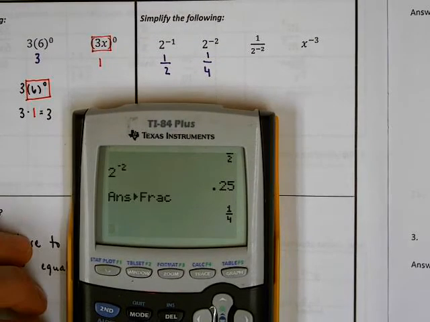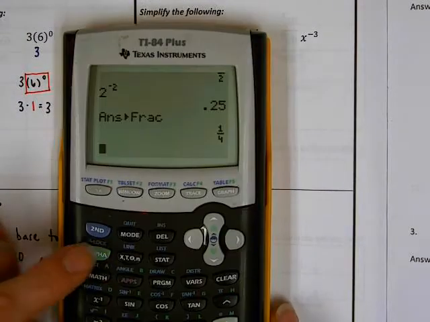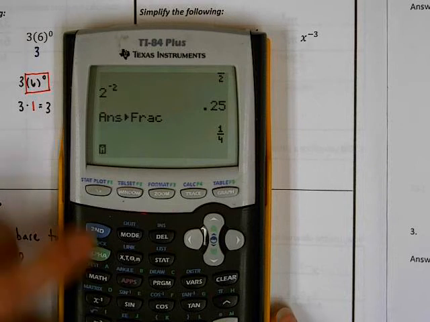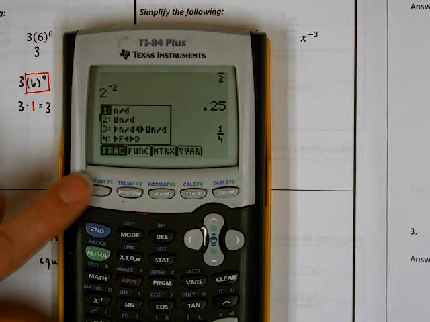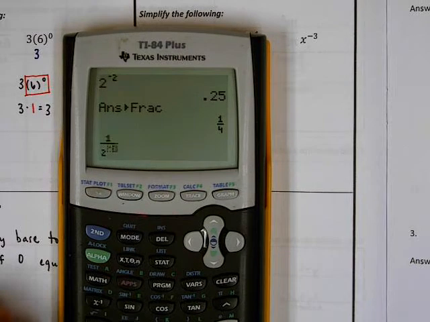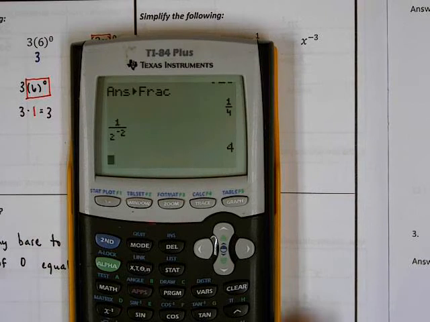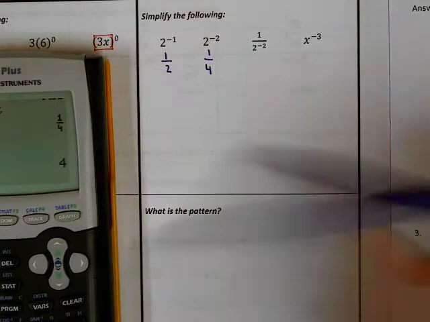Now, I have to use a fraction here because I noticed my power is on the bottom. So again, to do that, we do our green alpha key, y equals, and hit enter. So now I've got 1 over 2 to the negative 2. And that just gives me a value of 4.